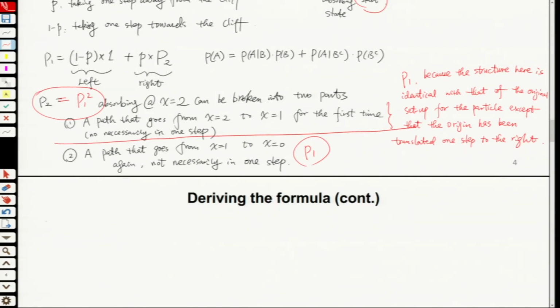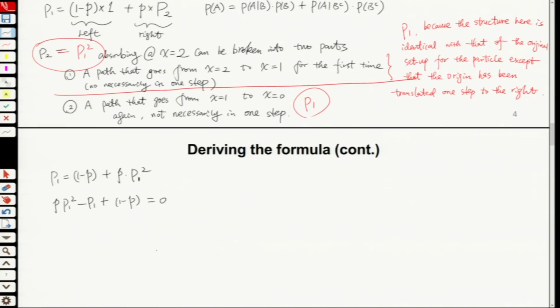Now we have P1 equals 1 minus P times 1 plus P times P1 squared. Therefore, we have this formula because this is P2, so P2 is P1 squared. Then we solve this equation. So what do we get? This is actually P1 squared minus P1 plus 1 minus P equals 0.